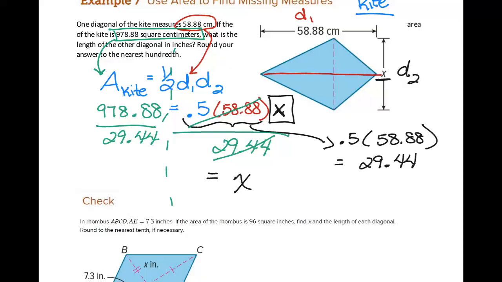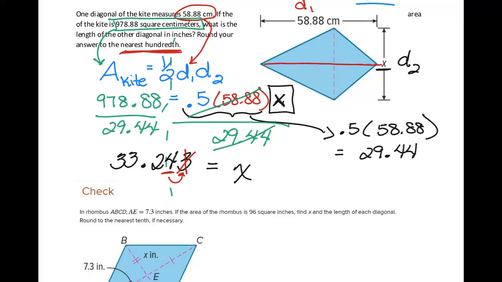33.243. It says to round to the nearest hundredths place. The hundredths has 2 zeros. That means 2 decimal places. Here's 1, here's 2. So look to the right. Is it 5 or more?